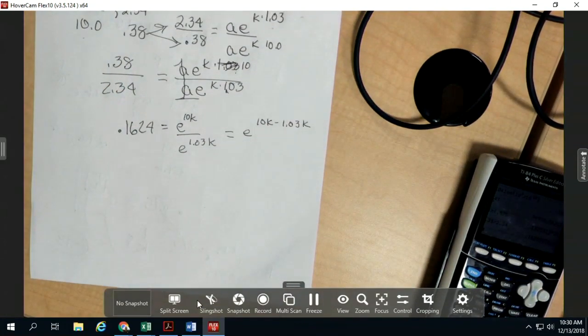Why is that? Because division is the same as subtraction. If you divide numbers, you can subtract their exponents. So what do you get?